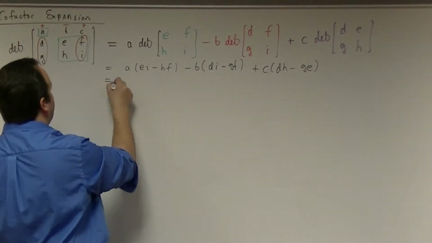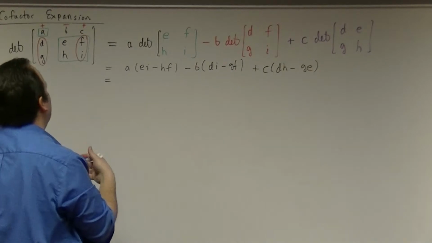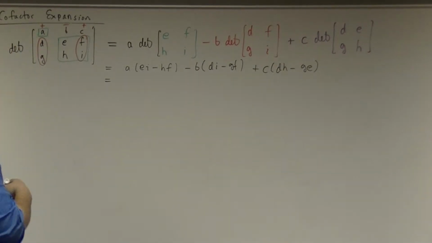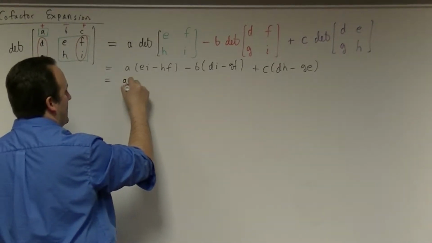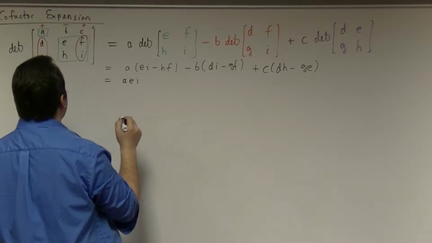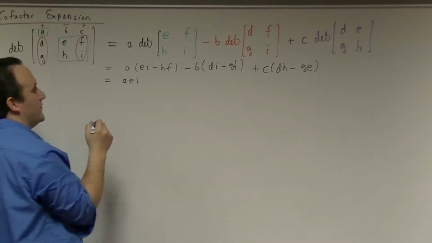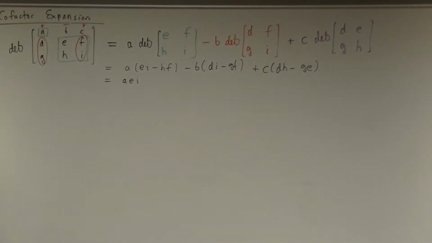And if you look at that, we're not going to get the same pattern because I've labeled my matrix in the opposite way, so it's the transpose of the other matrix. What's that? It's not 1 over EI minus HF anymore? Wasn't the determinant like the 1 over in the 2 by 2 formula?